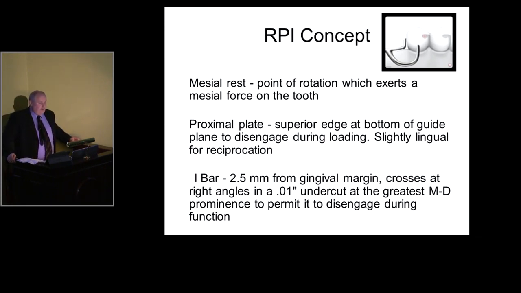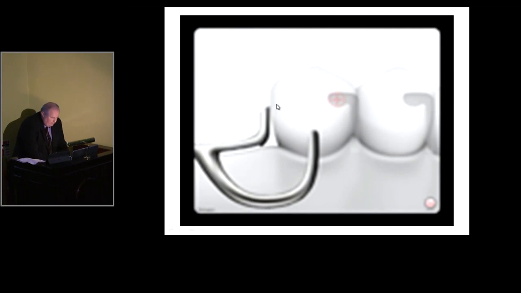Proximal plate, the proximal plate should be slightly lingual, and just the head of the plate should be just at the height of contour, so that as the person bites and this goes down, the denture can move in this direction. The clasp, which is on the mid-facial, as the denture goes down here, the clasp goes down and forward. It is disengaging from the tooth.